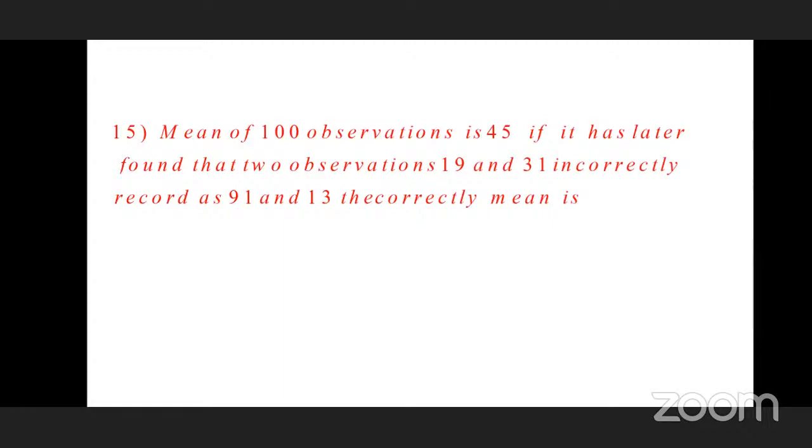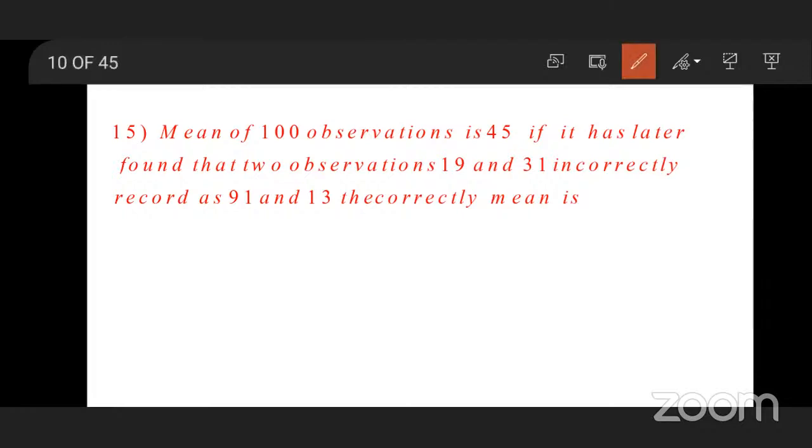It was later found that two observations, 19 and 31, were incorrectly recorded as 91 and 13. Then the correct mean is? Actually, the mean of 100 observations is 45. Two observations are 19 and 31, but they were recorded as 91 and 13. Just the numbers were changed here: 19 became 91, and 31 became 13.